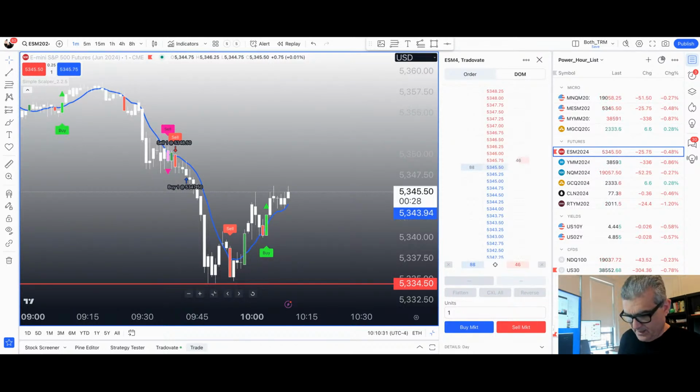I'll see if I can log into TradingView and share the screen with you. Just one second. Hang tight. Log in. I'm going to share the tab with you in just one second. Just bear with me. Okay. Launch.